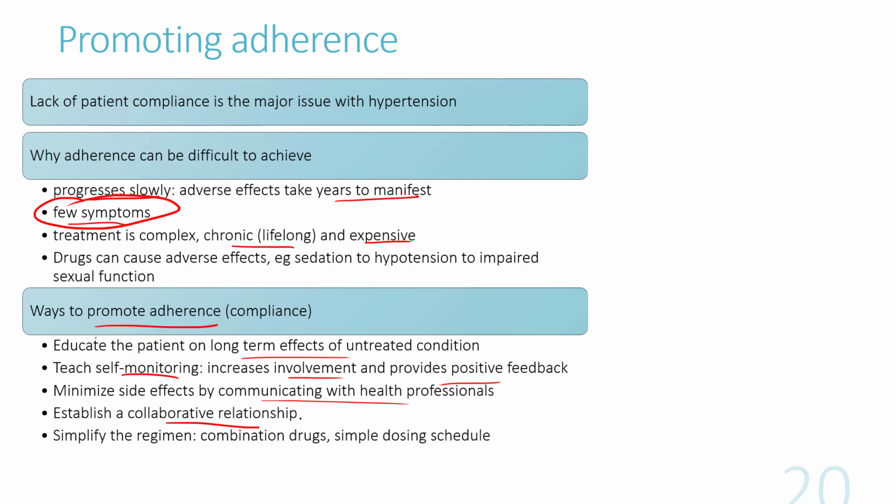That communication piece with a health professional is very, very important. And then again, simplify the regimen, especially if combination drugs are to be used. So if more than one drug is to be used, maybe find a pill that combines those two drugs that the patient needs to take so that it's fewer pills for them to take, and also a simple dosing schedule.